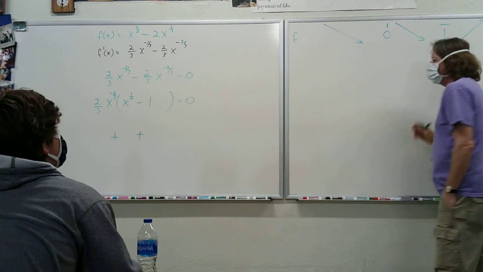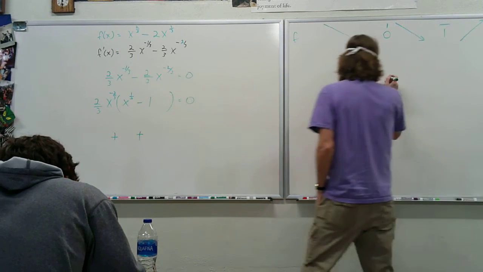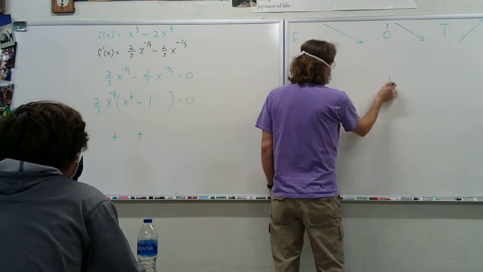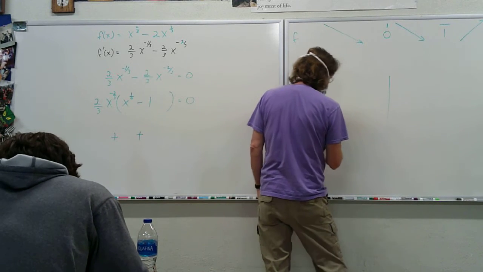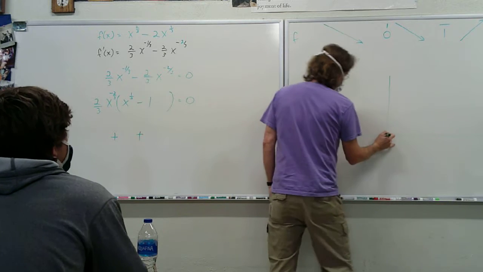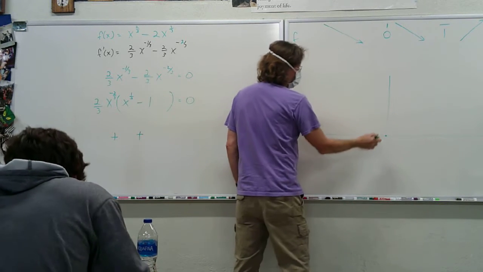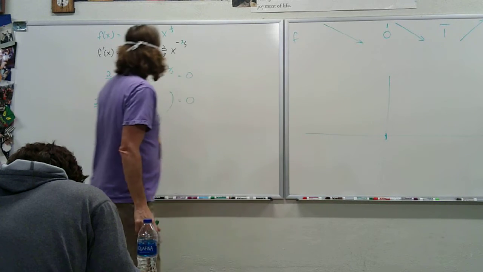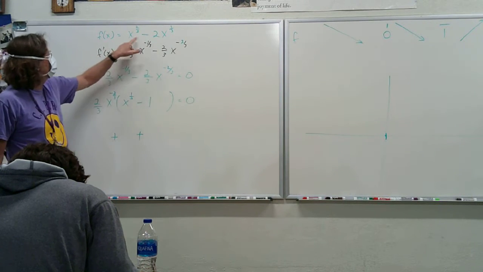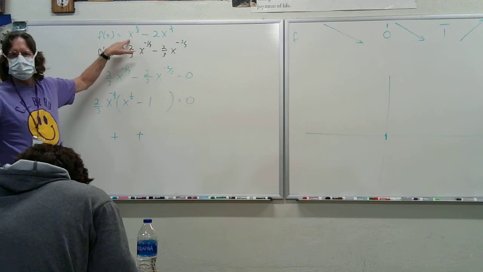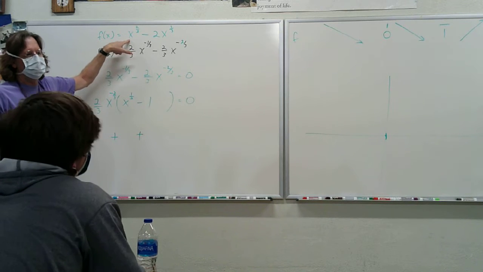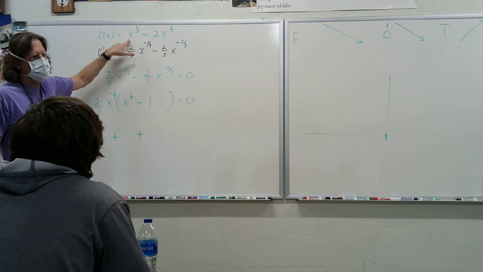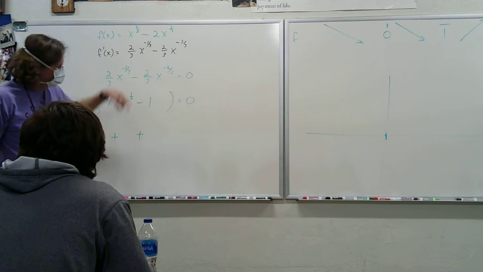With just that information, I could go ahead and make a good little sketch. I know right here it's going to be going straight down. And if you put 1 in here, does everybody agree you can find the y value? X equals 1, the y value is negative 1.